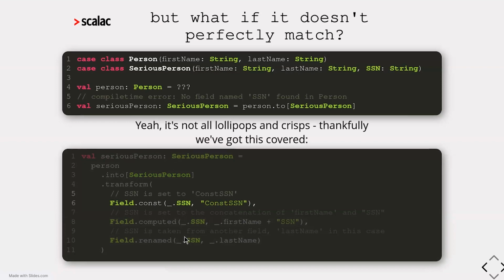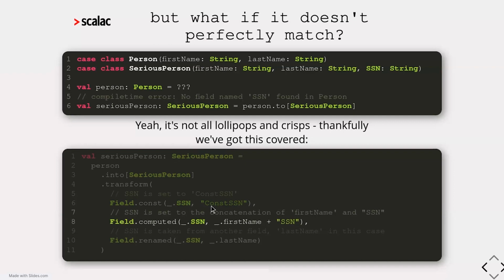So in this case, I fill in the blank of the SSN field with field.const. The first argument here picks the field from the destination type that we want to fill in, and the thing on the right is basically the constant value that will be filled in. So there's field.const, there's field.computed, which once again picks the field and then applies a function from the source type to the field type of the destination field.